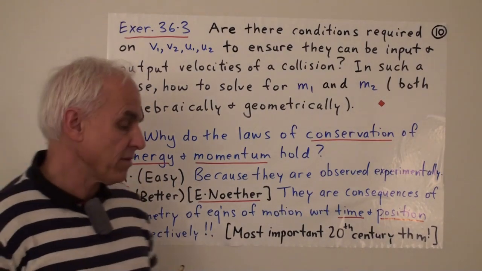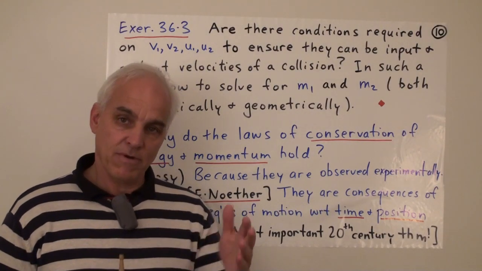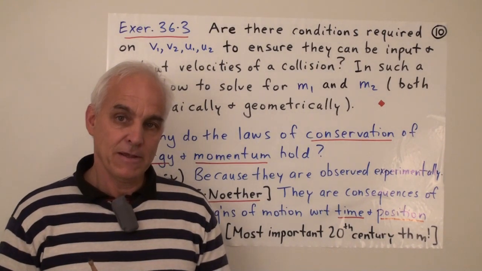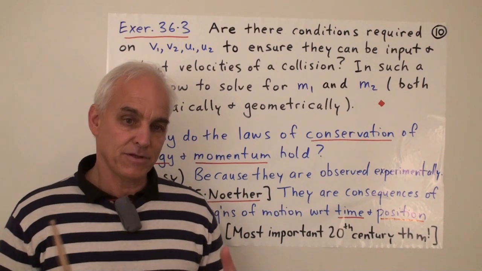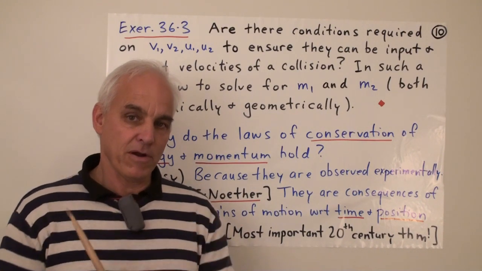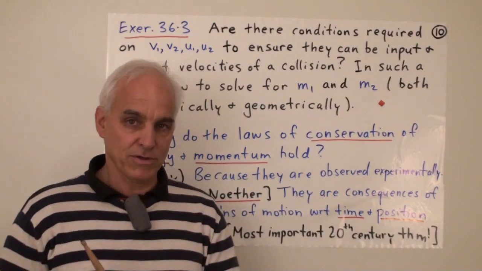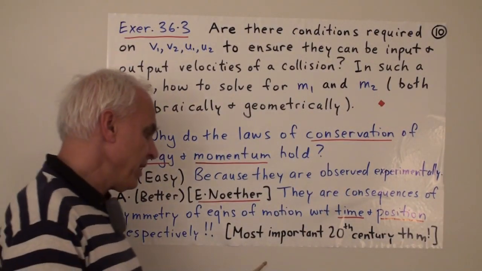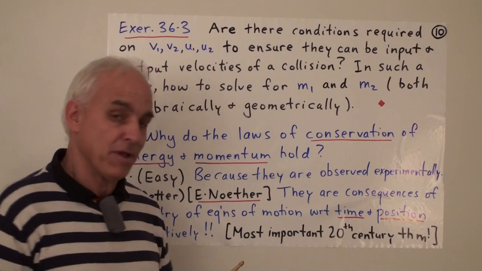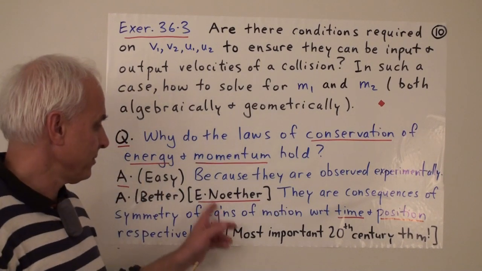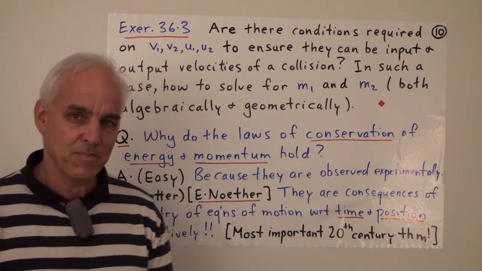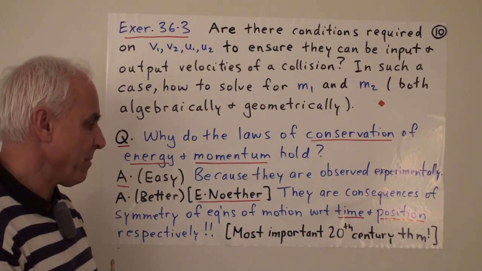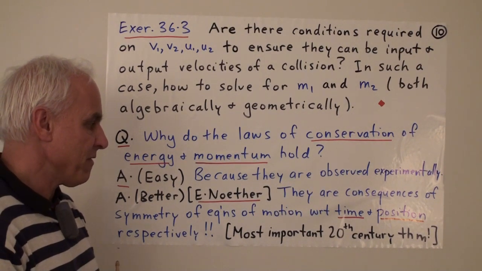Her theorem was published around 1918, which is roughly about the same time that Einstein's general theory of relativity came out, and the two were both very important contributors to subsequent developments of physics. In my opinion, this is the most important 20th century theorem of mathematics, Emmy Noether's theorem. It's of absolutely fundamental importance, especially for modern physics.